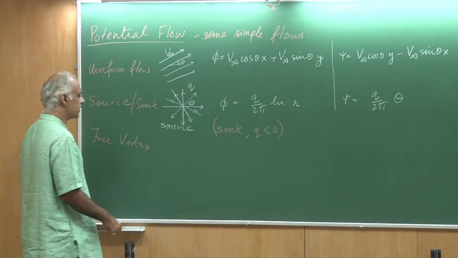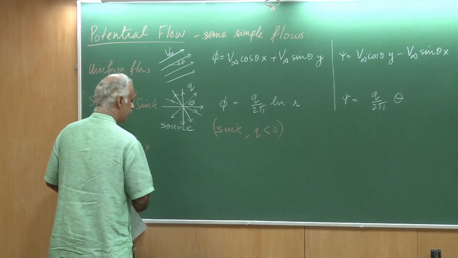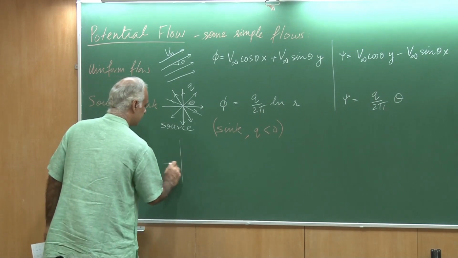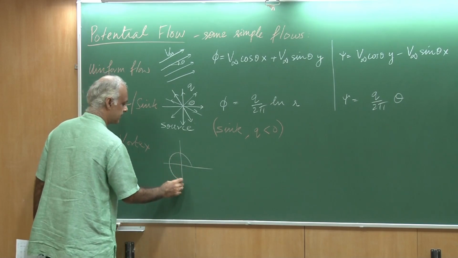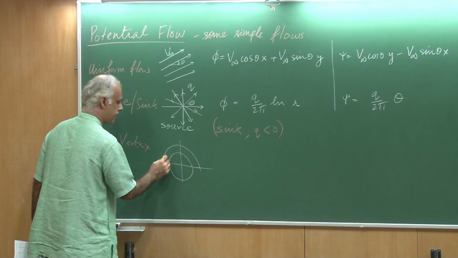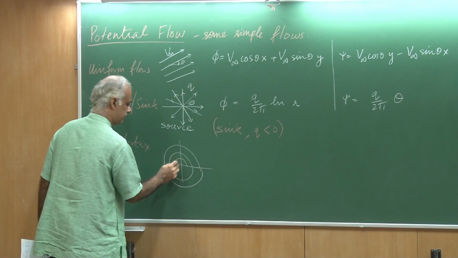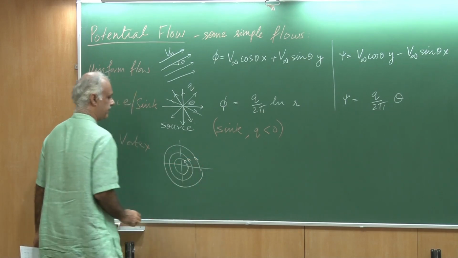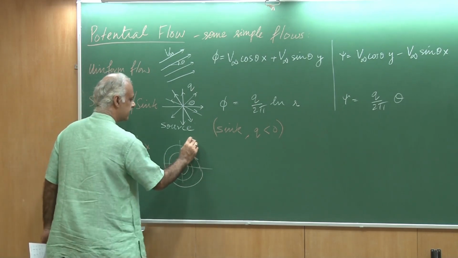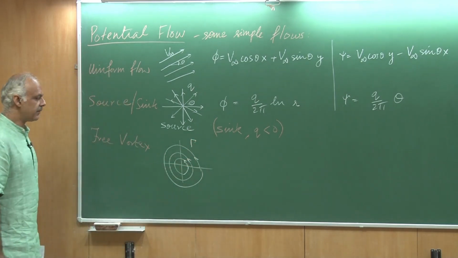Okay, next we come to the free vortex. So here if I look at the streamlines, then we talked of them being circles. And this was the sense of gamma.